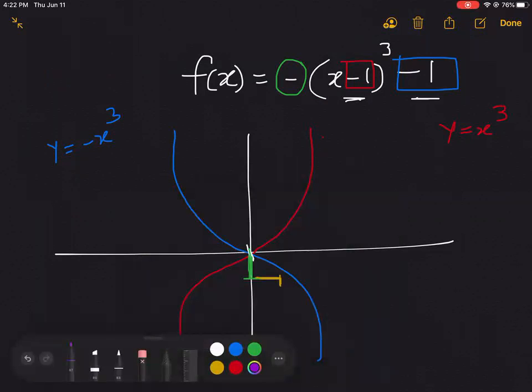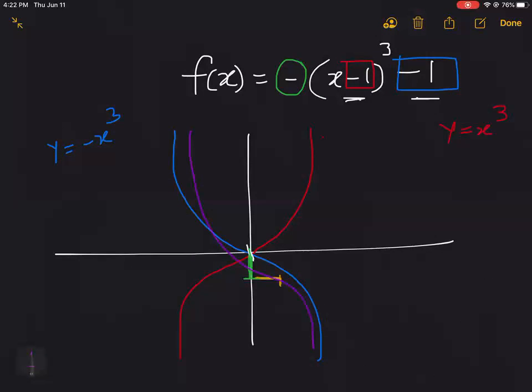So now my graph will go through this. Okay, so this is my y equals negative x minus 1, the quantity cubed, minus 1. Instead of 0, 0, it will go through this point. Now does this make sense?